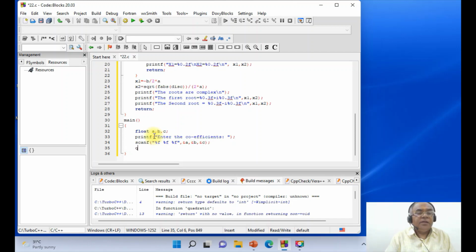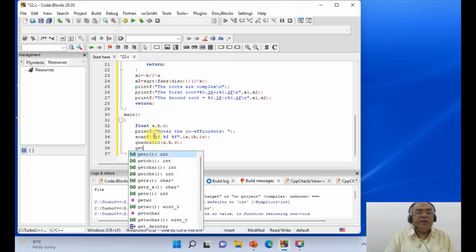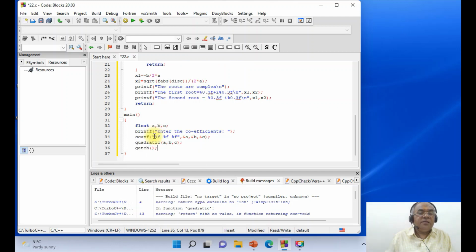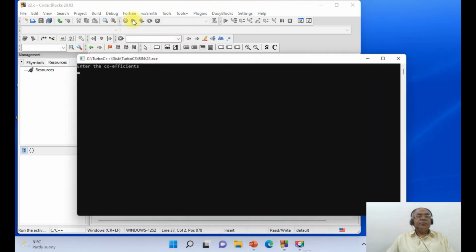Once you do this, you call the function quadratic a comma b comma c, then the getch function, and then it comes out. Now we will save this, then run the program.